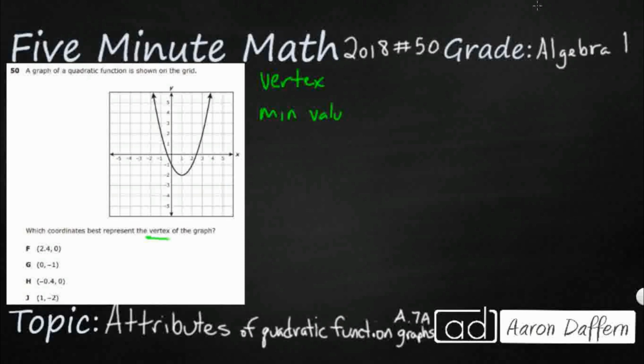We can also find our y-intercepts, our x-intercepts, which we need to remember have other names such as zeros. Sometimes they're called the solutions. We can even find the axis of symmetry. Those are all things that we can use to describe a quadratic function.